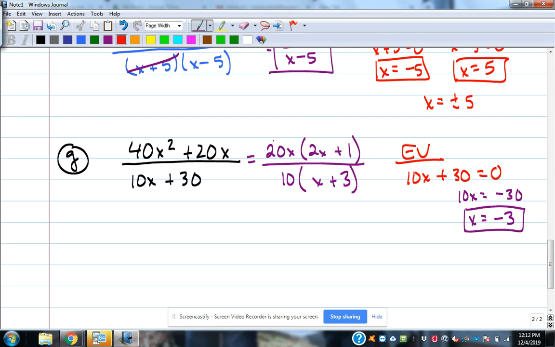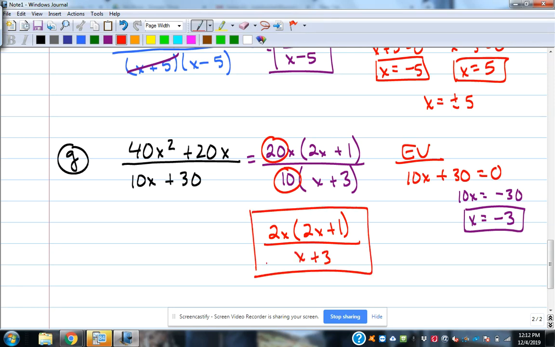These two pieces are both divisible by 10, so we could cancel that part out, and that would leave us 2x and 2x plus 1 on top, and only an x plus 3 in the bottom. That's all you can do on that one. There's nothing else that cancels out. So you're just looking for pieces that can cancel, not necessarily things that factor that way.